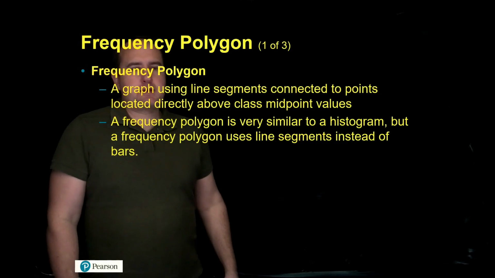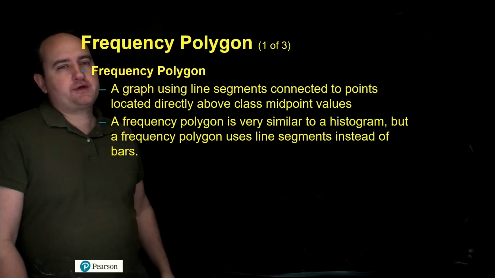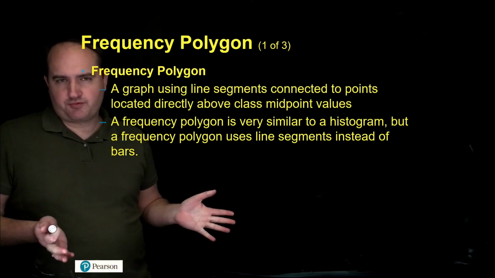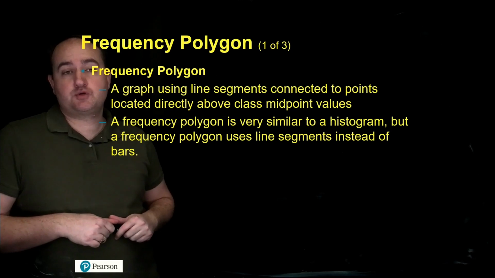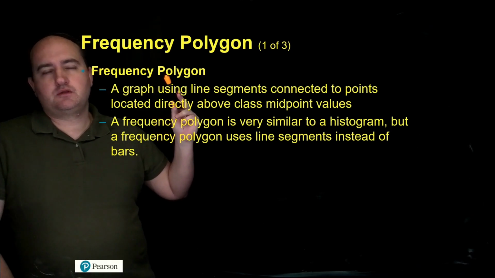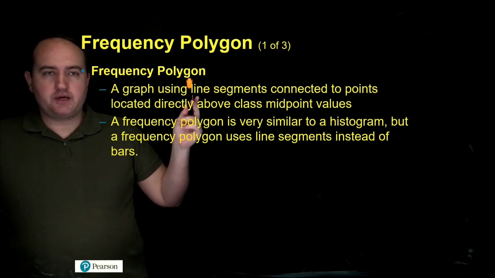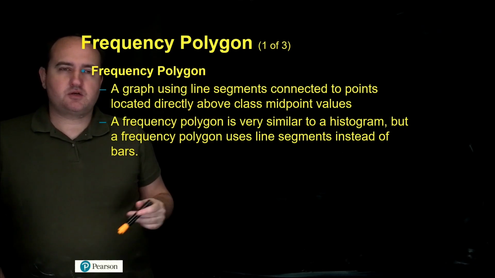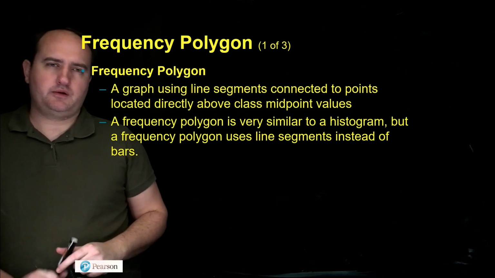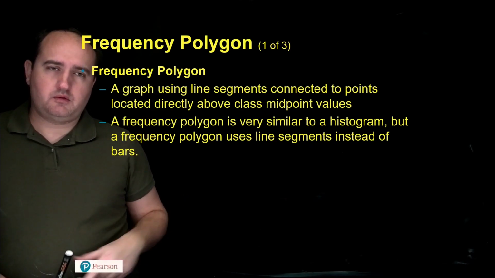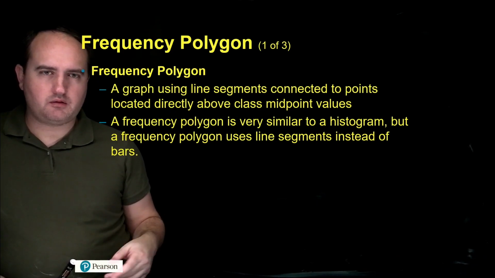Okay, so next type of graph is called a frequency polygon. Now, if you've taken a class before that covers geometry, you may have seen the word polygon before. Polygon basically just means a figure such as a triangle, a square, a rectangle.